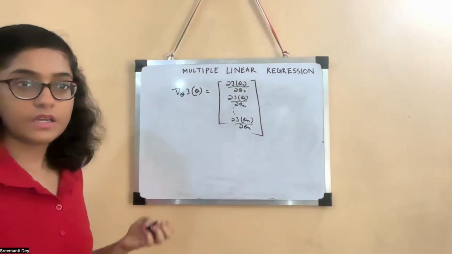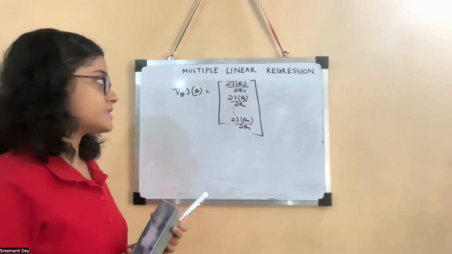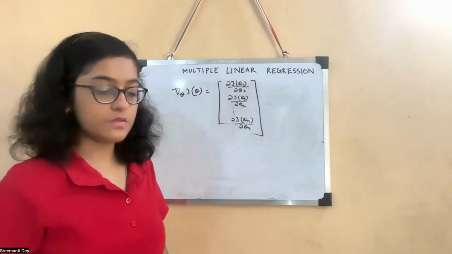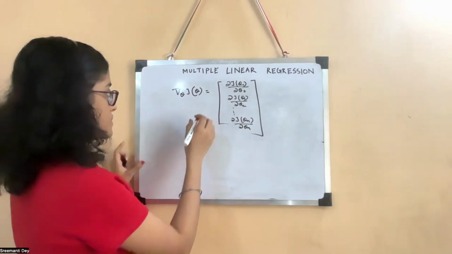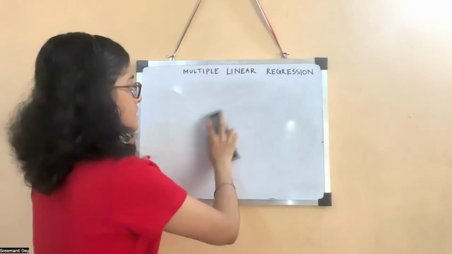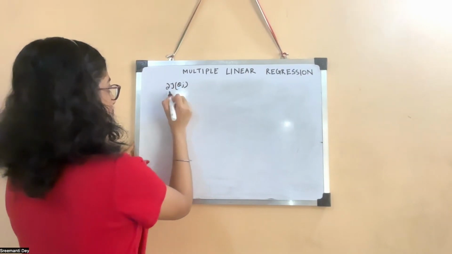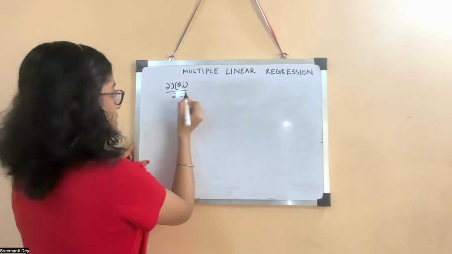This is our derivative. Now we are going to break this down and find this out. So let's remove this. So now what we have is dJ(theta) by d theta j.